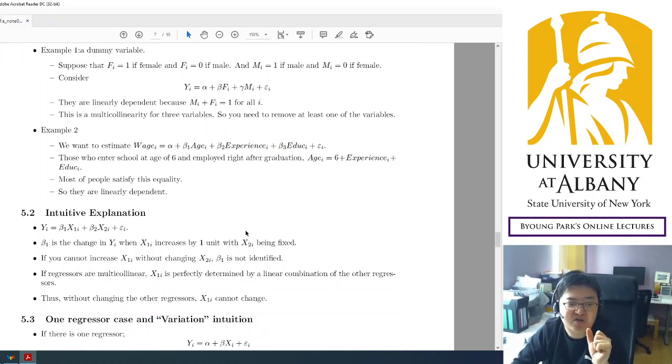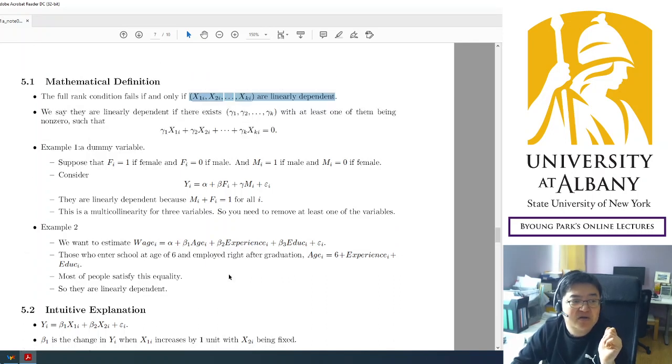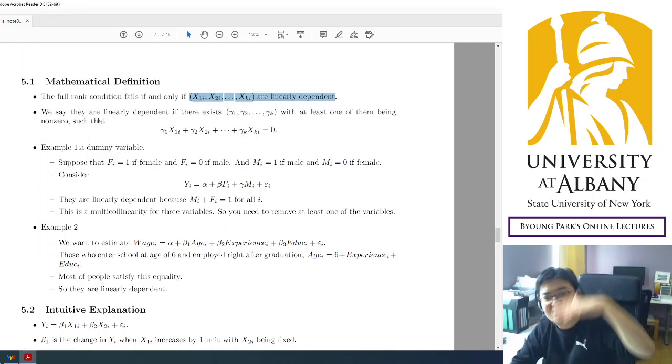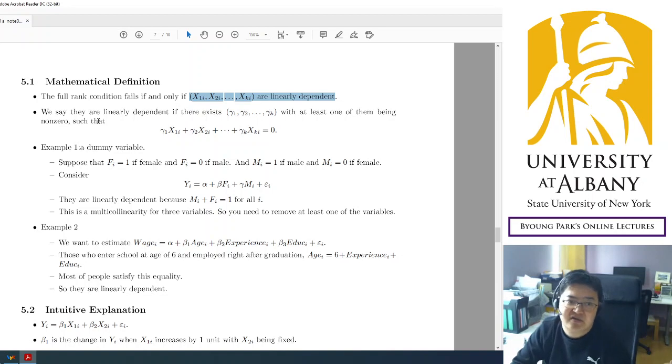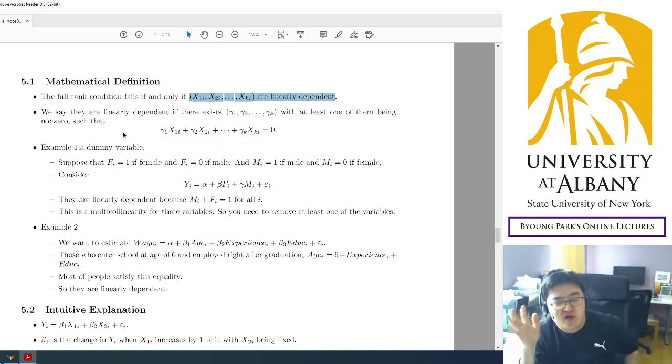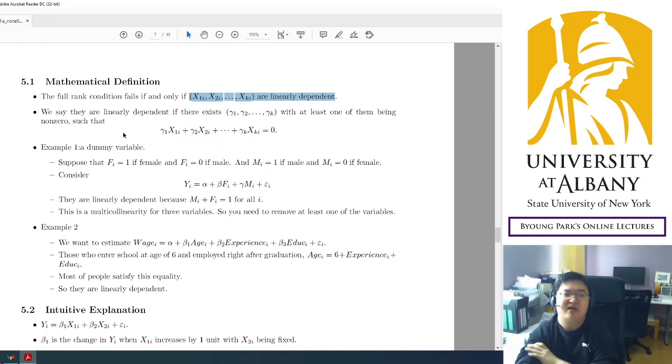Controlled variation is not possible, so the full rank condition fails, so the linear regression breaks down. And mathematically, you can think that an important matrix is not invertible. So these things are basically identical. Intuitively, mathematically, everything is the same.